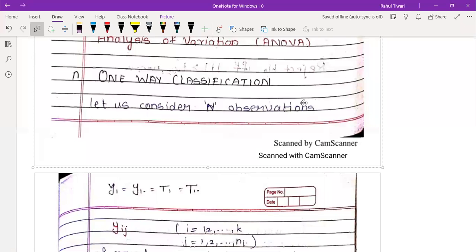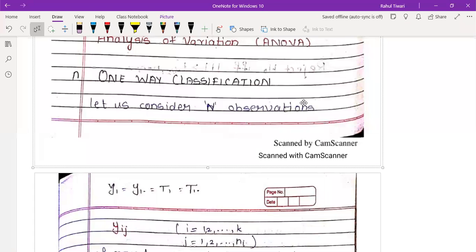Teaching method is my factor. Why is it one way? Because it has only one factor; that may be the right word. If I say two way, that means we have two factors.